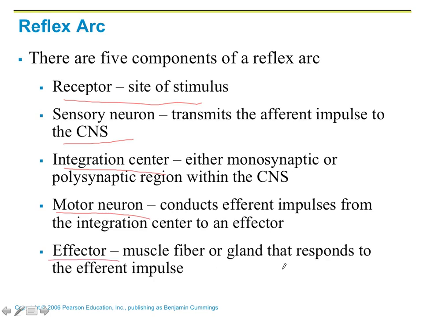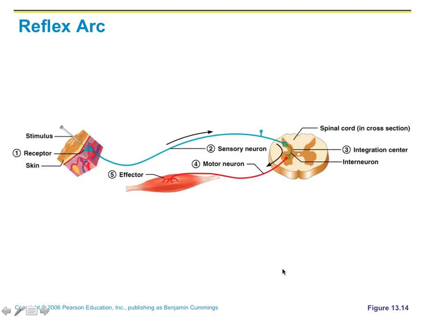Effectors are the target organs, such as muscles and glands. Here in this graph we can see the receptors. Receptors normally are located in our peripheral organs.